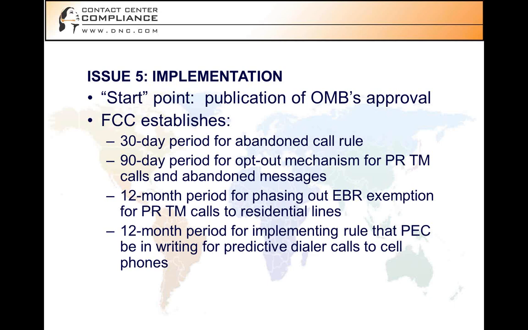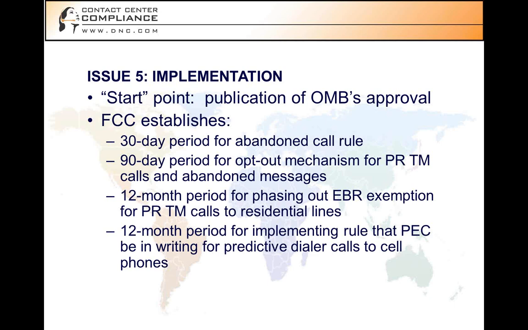And the FCC has established 4 different categories for implementation. First of all, there's a 30-day period to implement the new abandoned call rule. There's a 90-day period to implement the opt-out mechanism for pre-recorded telemarketing calls and abandoned call messages, as we just discussed.